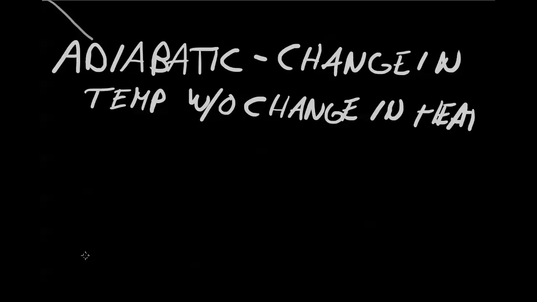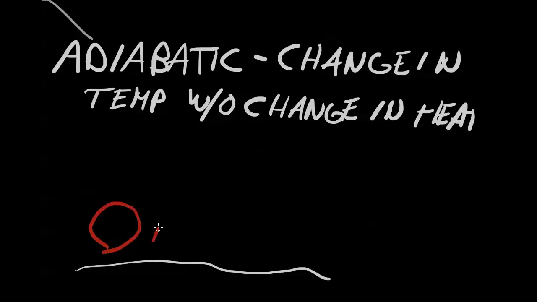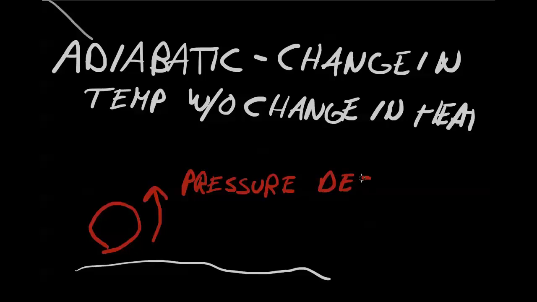Now, let's say we've got the surface of the Earth here, and a parcel of air here. Let's say we've got some air. As it rises, we know pressure, and we've graphed this, decreases.